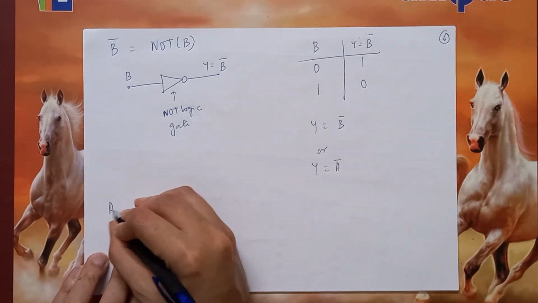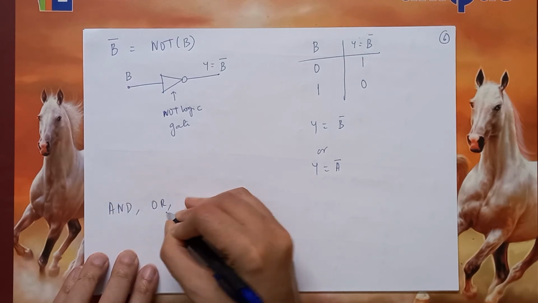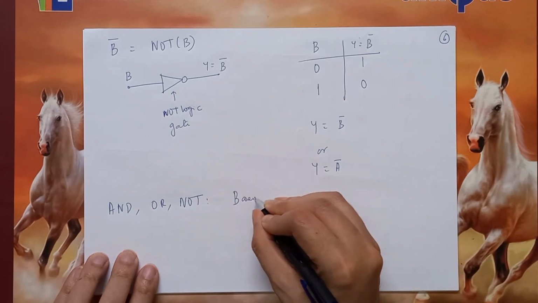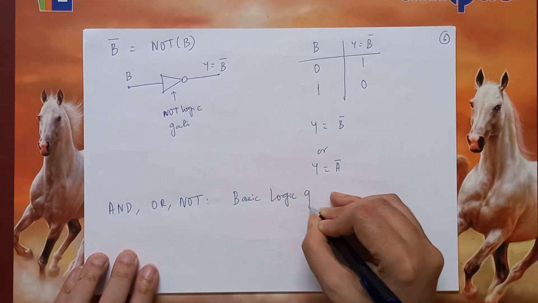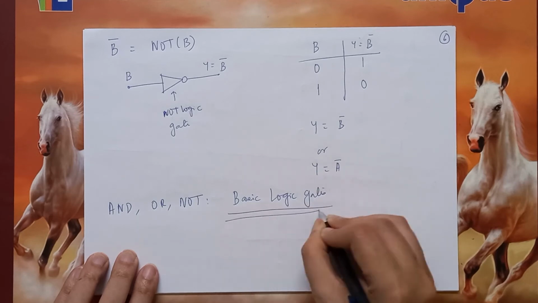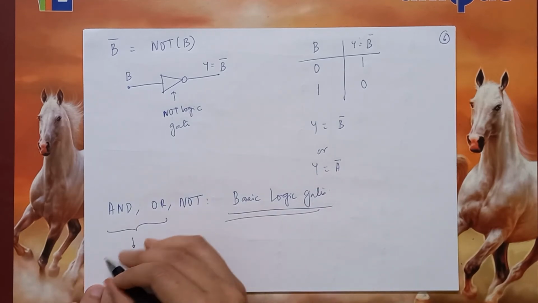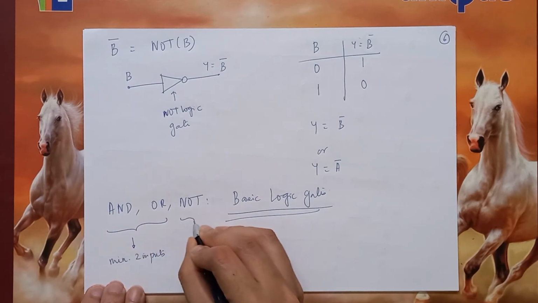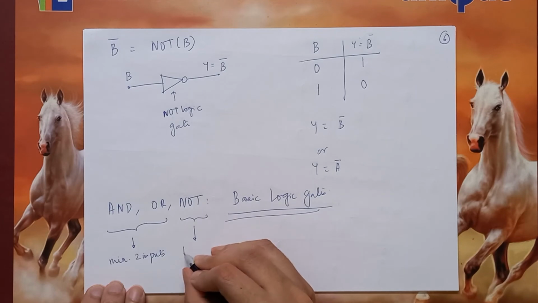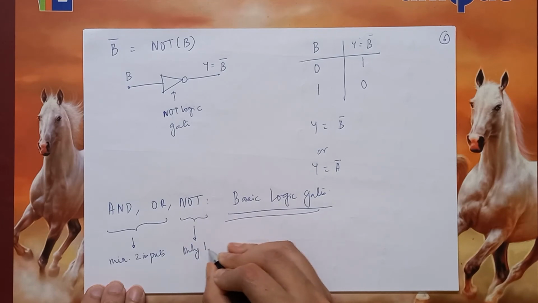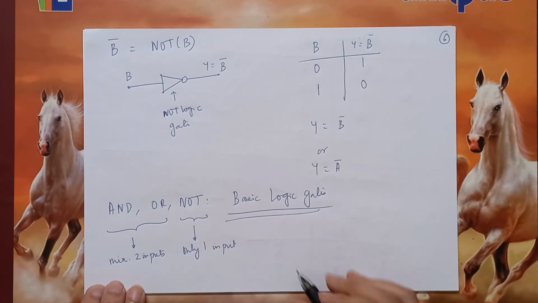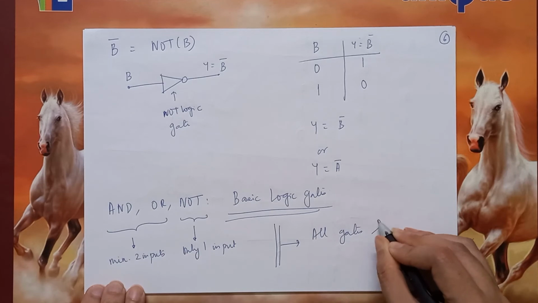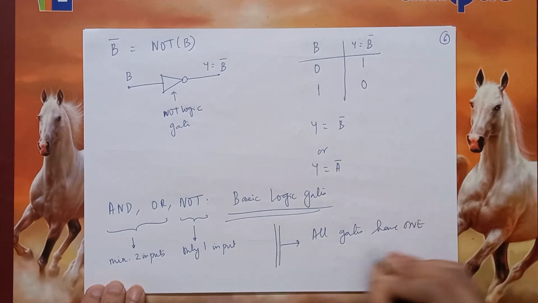So these AND, OR and NOT are called the basic gates or basic logic gates.